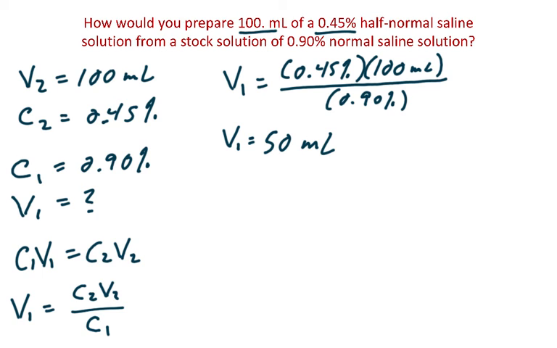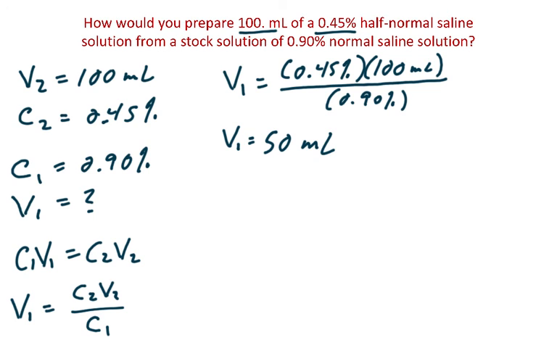So this question is not quite done yet, though, right? Because it actually asks, how would you prepare? It doesn't say how much of the stock solution do you need. So we would say something like, we will take 50 milliliters of the normal saline solution and add it to a 100 milliliter volumetric flask, and then fill it up to the line with water.